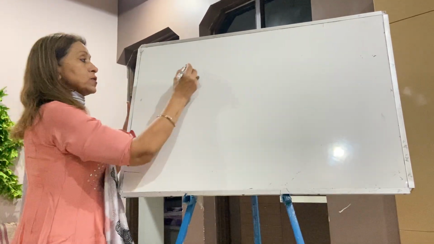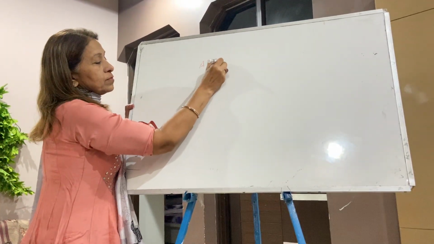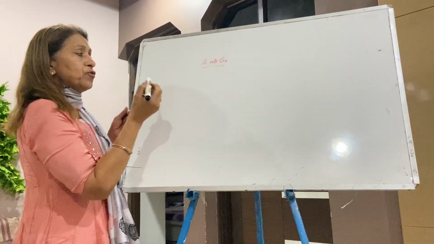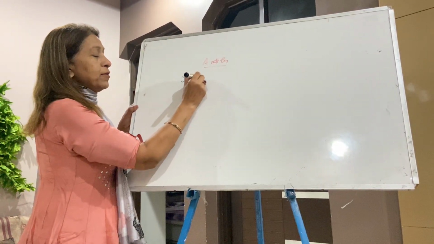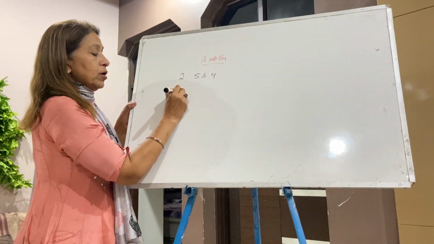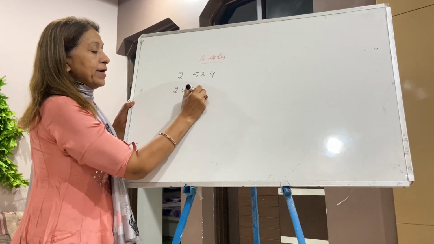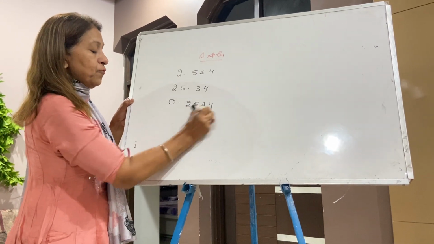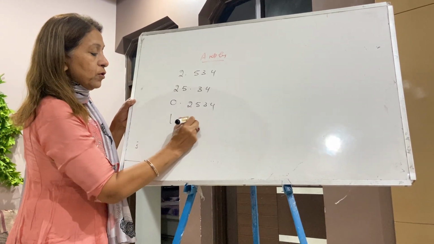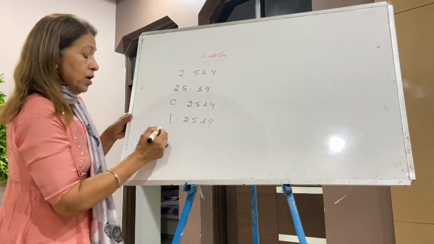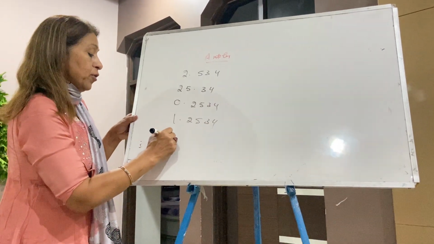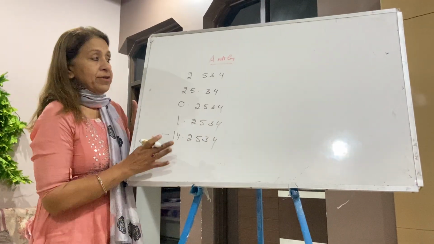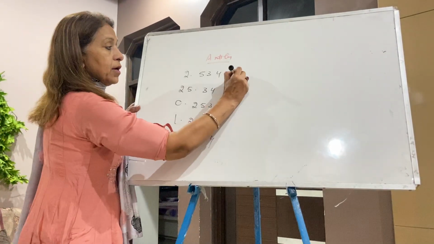Let us write a few terms: 2.534, 25.34, 0.2534, 1.2534. Next is minus 14.2534. I've taken this. Let us start.